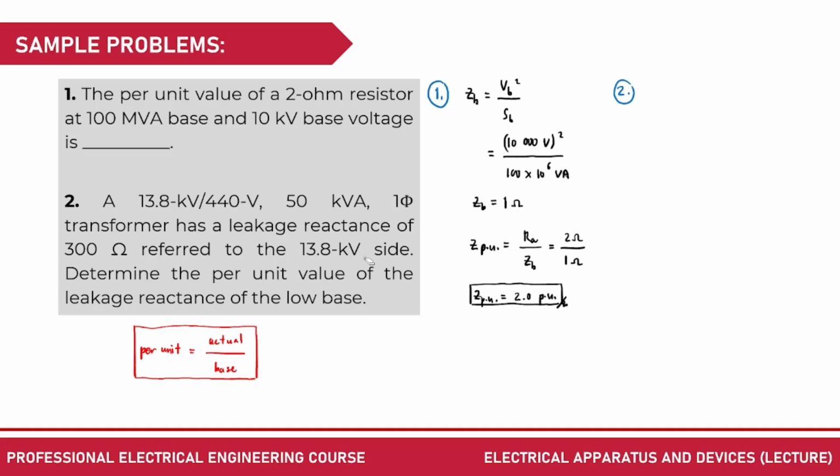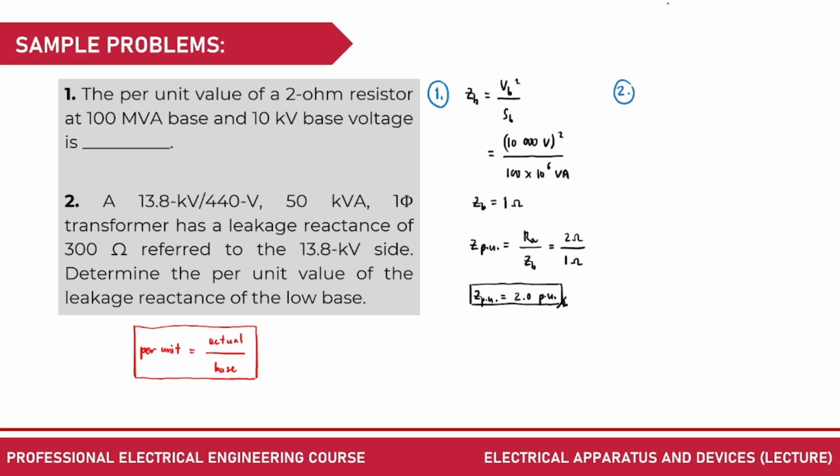in ohms. Okay, so now, a 13.8 kilovolt down to 440 volt, 50 kVA single phase transformer has a leakage reactance of 300 ohms, referred to the 13.8 kilovolt side. Determine the per unit value of the leakage reactance on the low side.